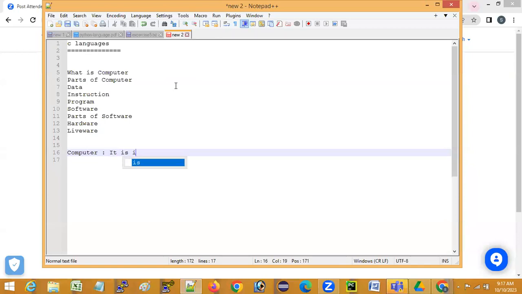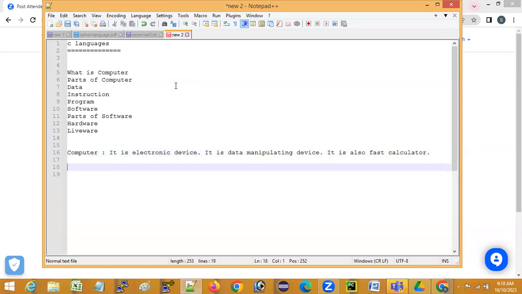It is an electronic device. Correct? We have studied this during your education or after the education also, wherever you go, you have got the definition that the computer is an electronic device. It is a data manipulating device. It is also called a fast calculator. Am I right or not?